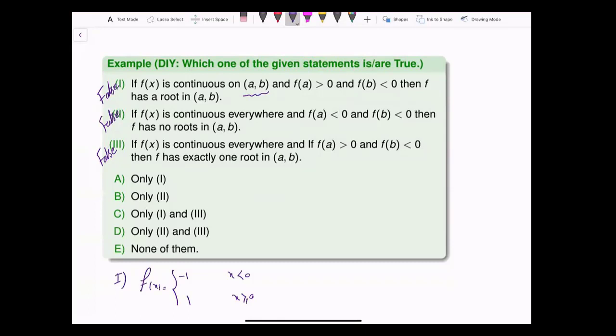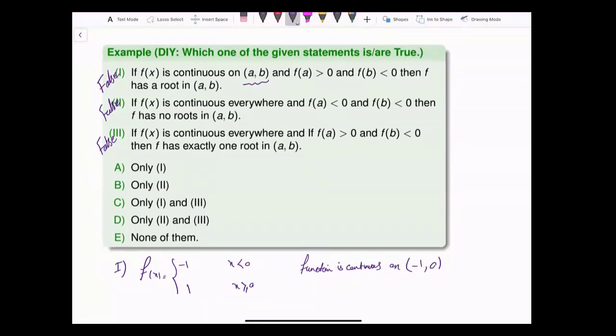Now, the function is continuous on the open interval (-1, 0), because on it the function is -1 and it is continuous everywhere.